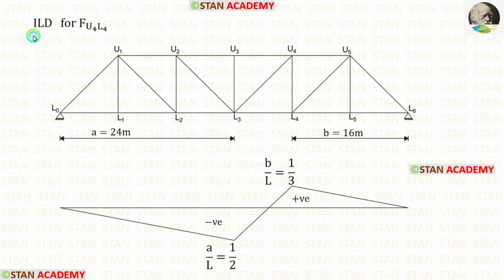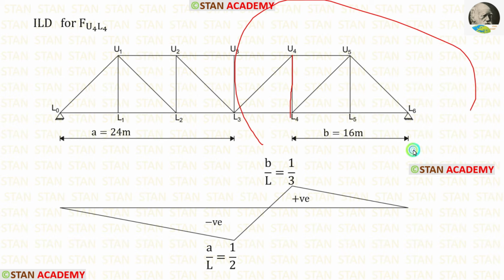Now let us make ILD for force U4L4. U4L4 is located on the right side of the truss, so we have to see the left side panel. For U4L4, the left side panel is L3L4.